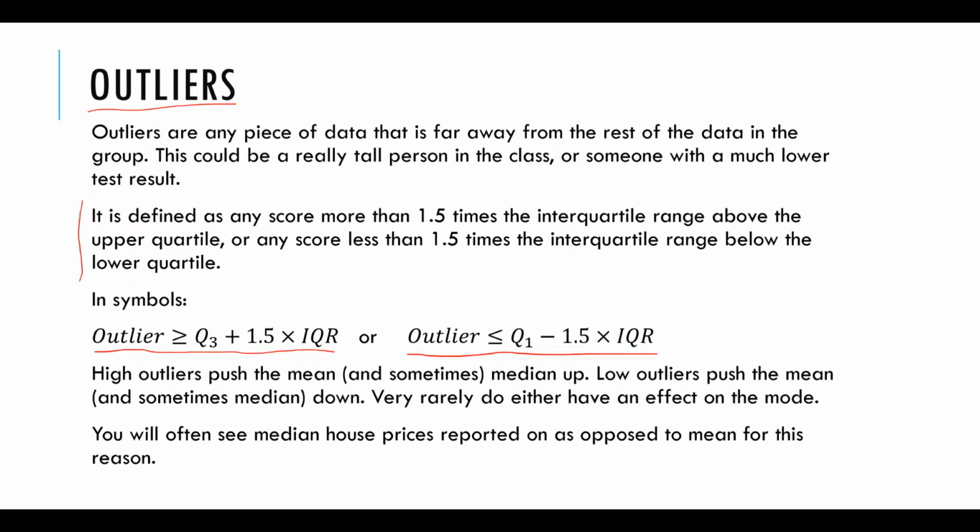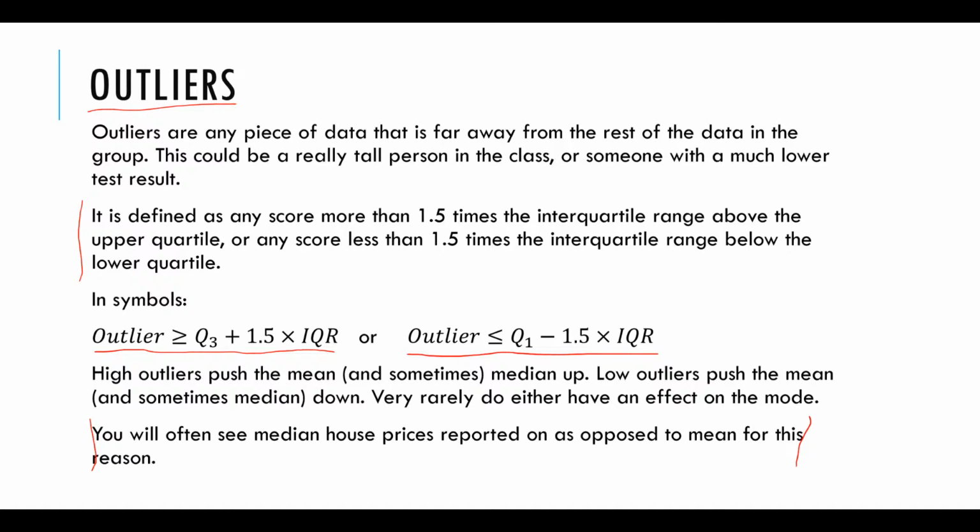So if you think about the property market, especially in the big cities, Melbourne, Sydney, there are often some homes that are sold for really crazy high amounts of money, in many millions of dollars. But when people are thinking about the average house that they want to buy, they're not too worried about those big, massive houses. They don't want those prices to be taken into account.